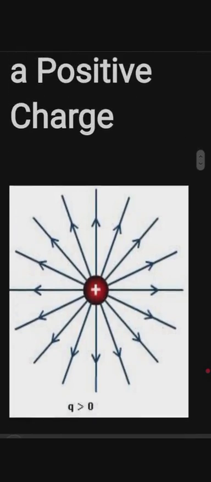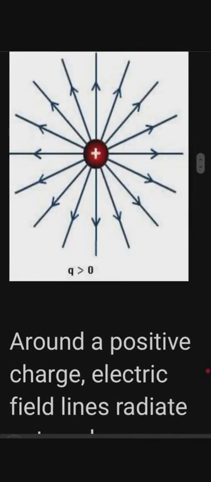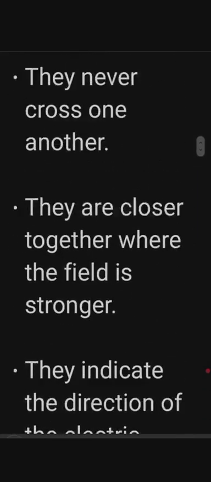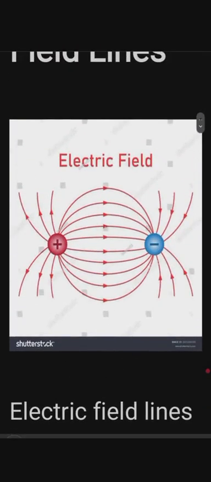The electric field around a positive charge. If we go back to that diagram, you can see that there are 2 charges here. And you can see that the direction of flow or the movement of the electric field or electric force is towards the negative charge.